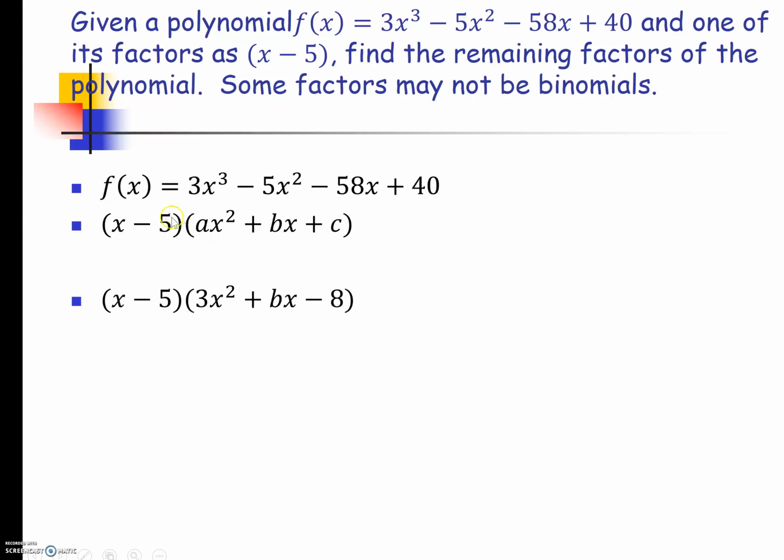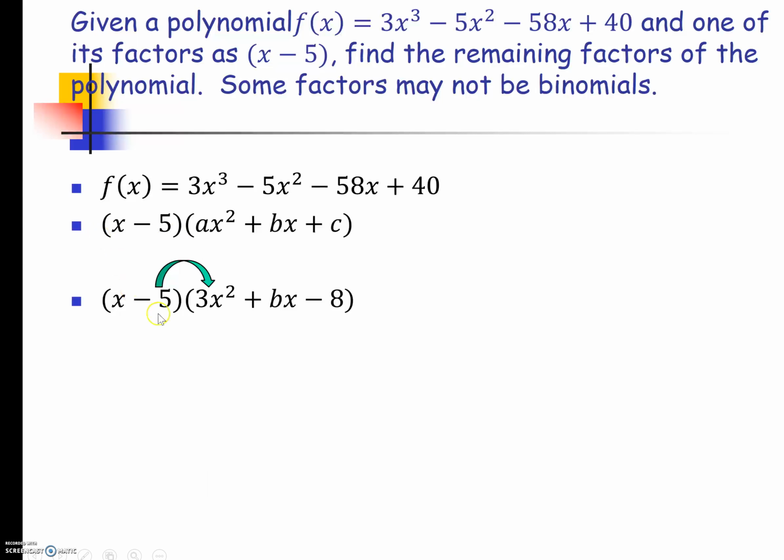In this case, we figured out a as 3 and c as minus 8 by looking back at the constant and the coefficient of x cubed. Now the final thing, we have to find the value of b. In order to find the value of b, we can compare the x squared or x term. So first I'll show you how to compare the x squared term.